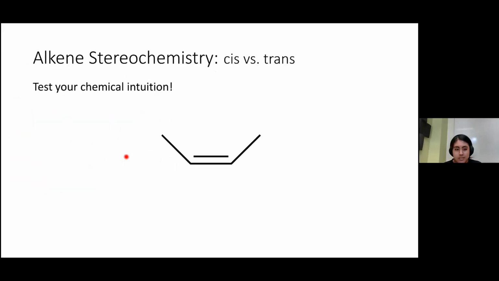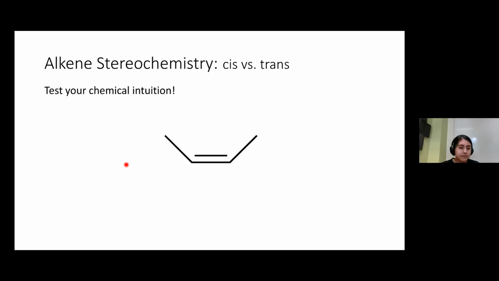Before we go into that, I wanted to test your chemistry intuition and see if someone can guesstimate if this is a cis or a trans. Feel free to be wrong. We haven't talked about this. Does anyone want to guess if this is a cis or a trans isomer? Feel free to send me a chat or just say it out loud. Is this cis? Yeah, this is cis, and you can think of cis as meaning same side.